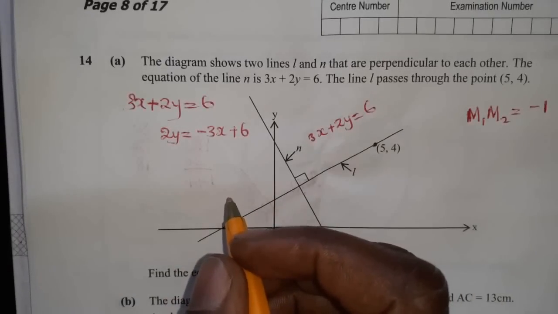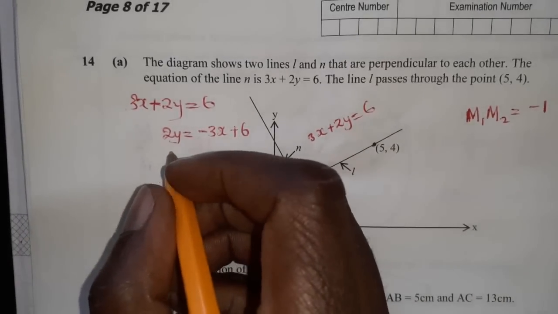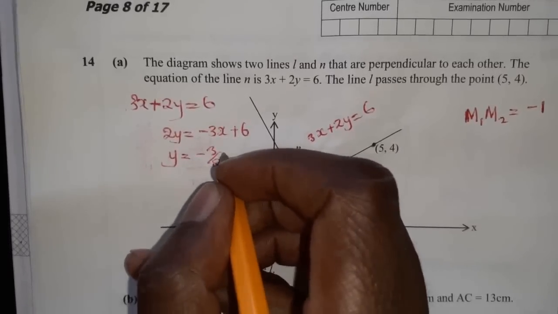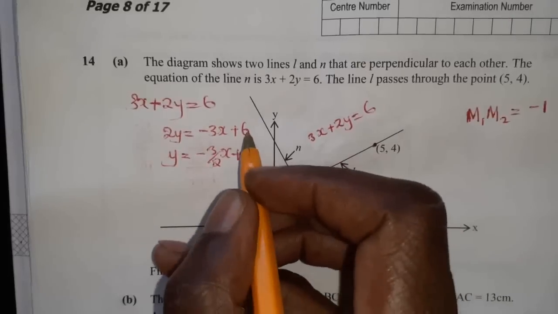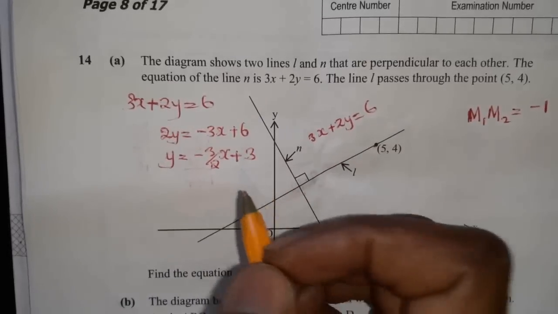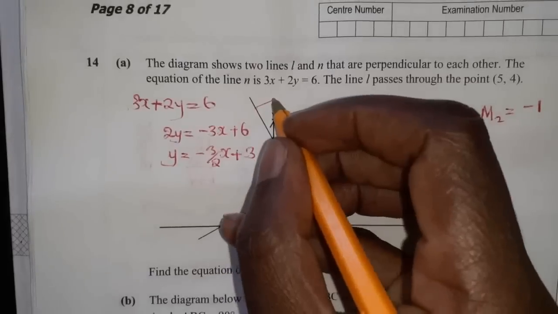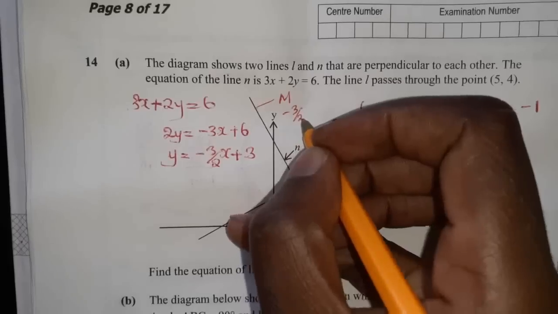You're getting it, isn't it? We need to make y the subject of the formula. So it will be y equals -3/2 x plus 3. When you divide this one by 2, it will be 3. So the gradient of this line is -3/2.